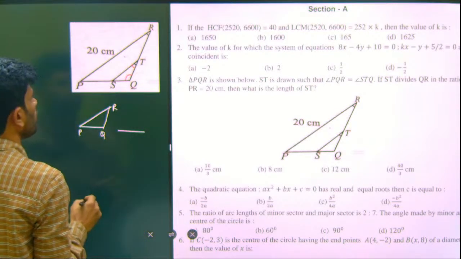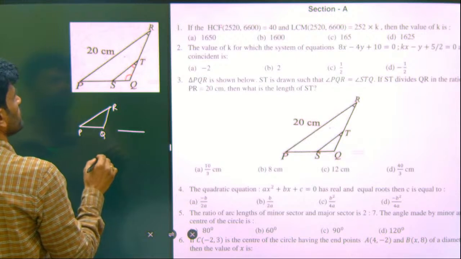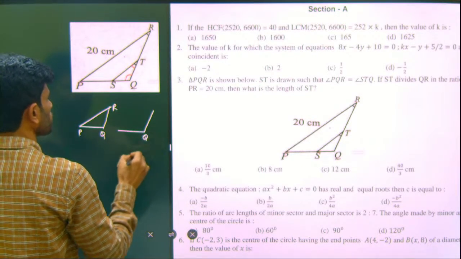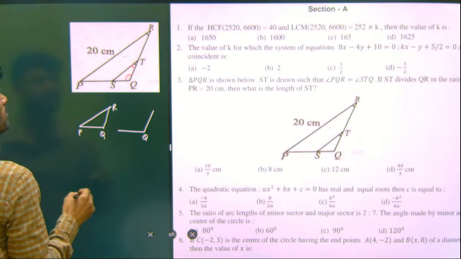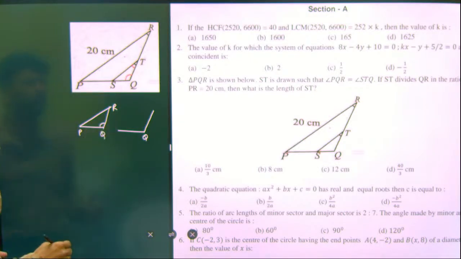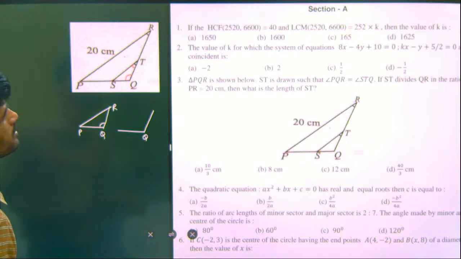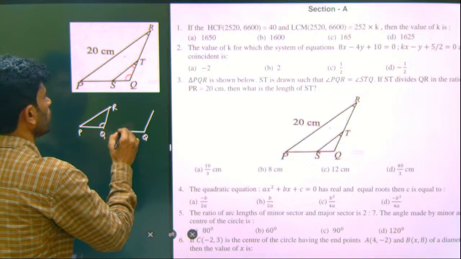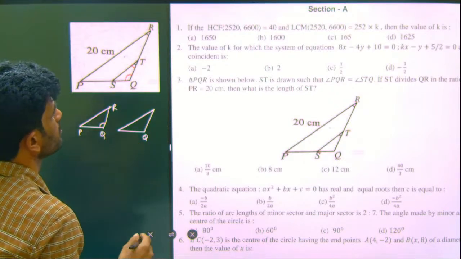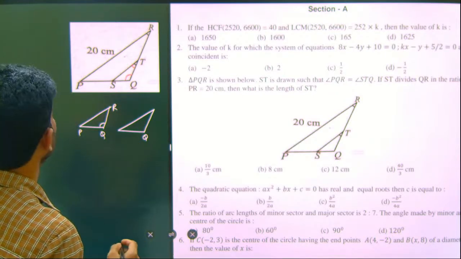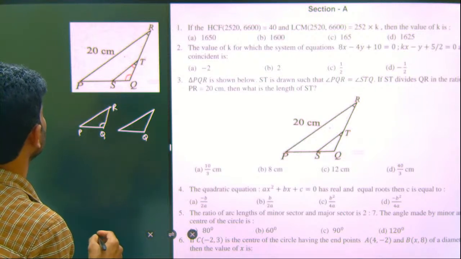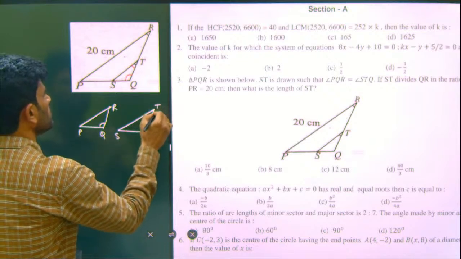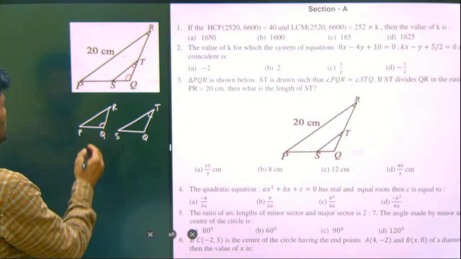In STQ and PQR we have one angle common, that is Q. Q is common in both. Angle PQR is equal to angle STQ. These two are equal, it is given.